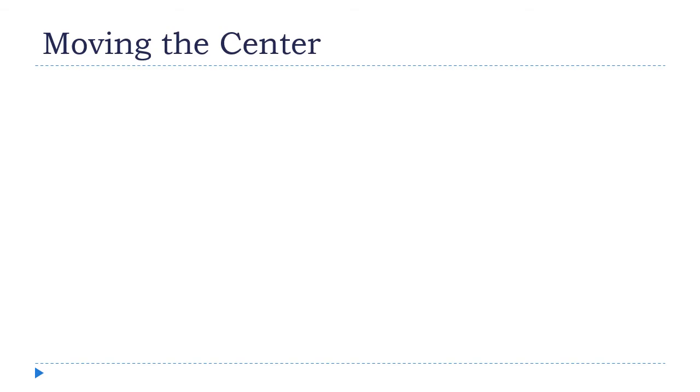Okay, so suppose I don't want the center to be at the origin. I want it to be somewhere else. We're going to do the exact same thing that we did with the parabolas. You're going to start by leaving it at the center, and then when you're done, your very last step is going to be a translation.